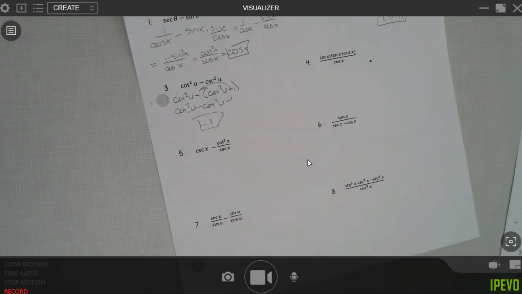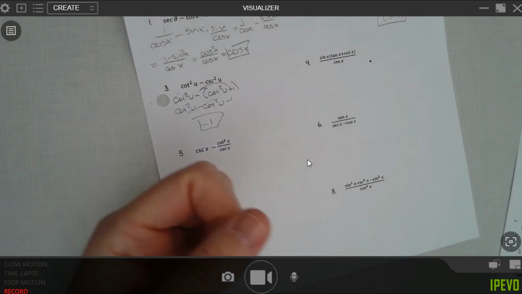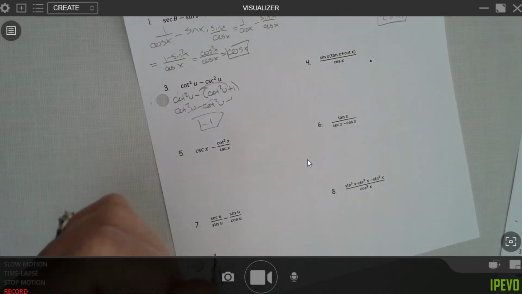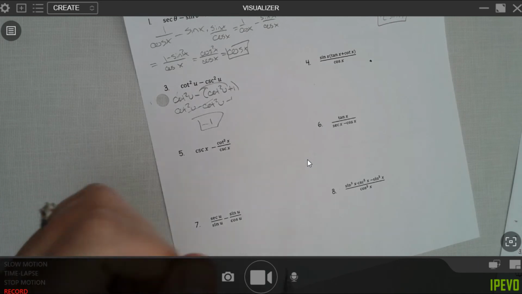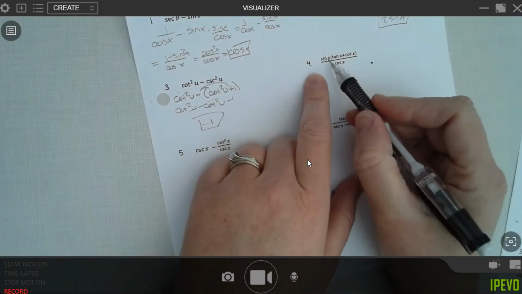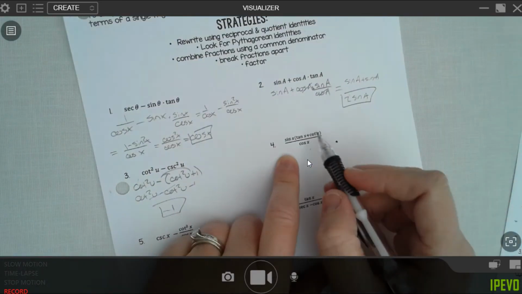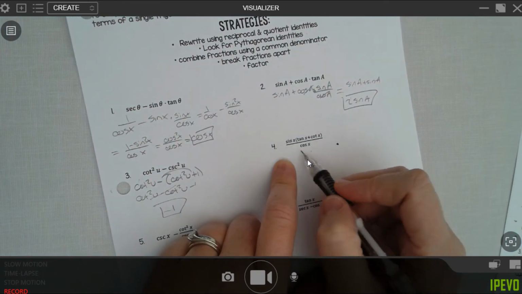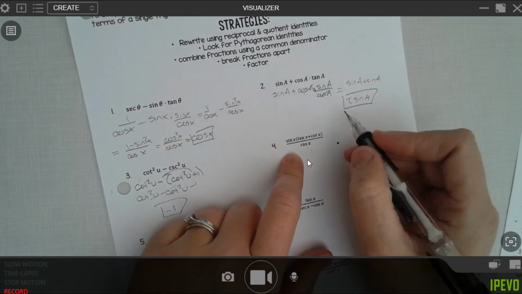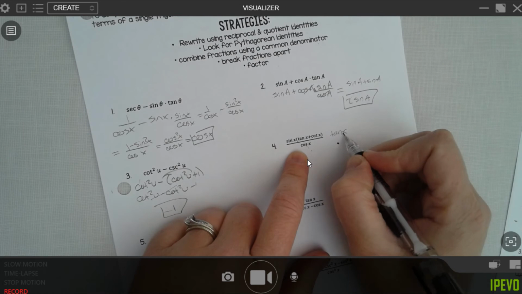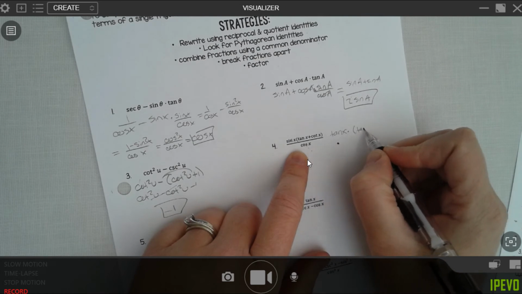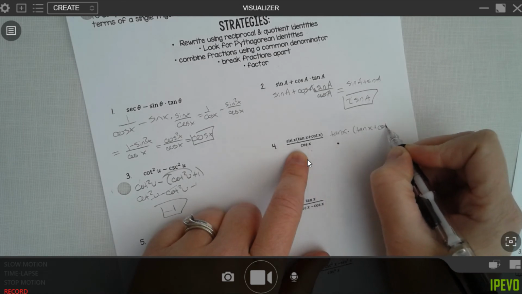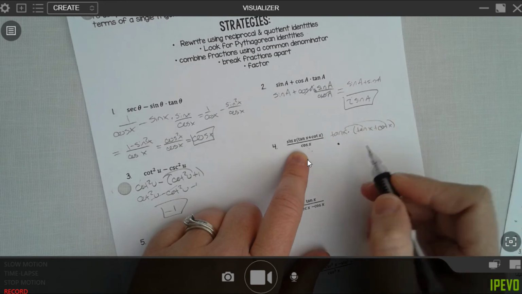All right. So next one here. Let's see. What I would do first on this is that this is multiplication, so sine over cosine is really tangent. So my first step here is to change this term to a tangent of x. So I'm going to have tangent of x times tangent x plus cotangent of x. Now I'm going to distribute that in.